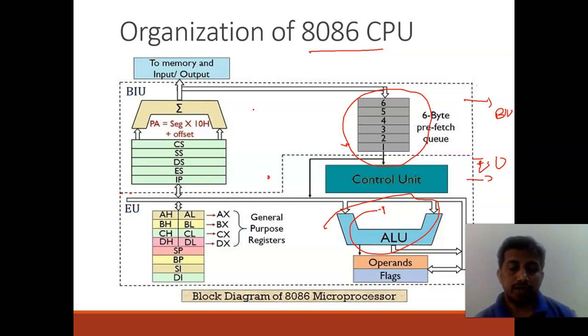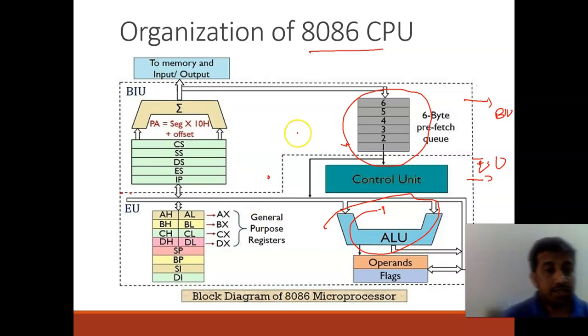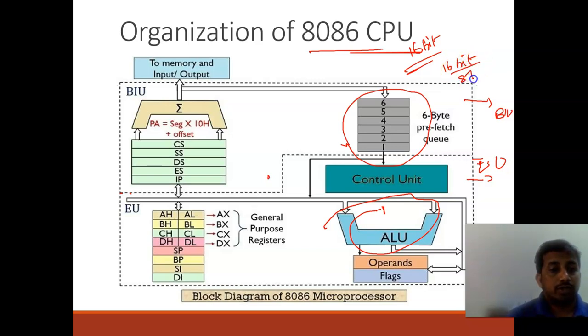I hope you have understood. Lastly, I will summarize the main important features of the 8086 microprocessor that you need to remember. The 8086 is a 16-bit microprocessor, which can perform 16-bit operations as well as 8-bit operations.